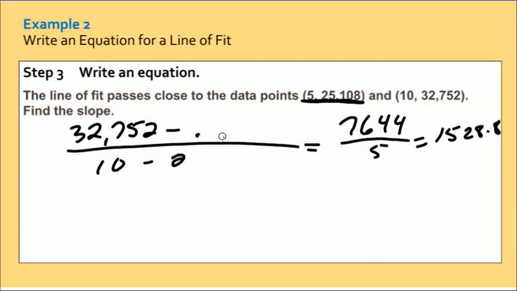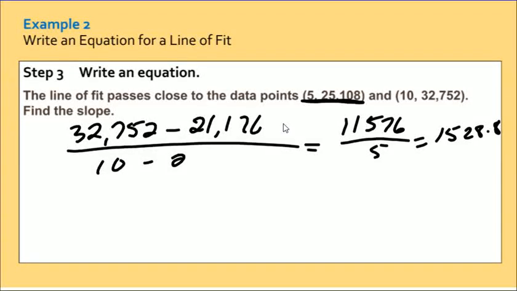So this would be a 2 here. And the other one would be 21,176. So then if I take that, this will give us 11,576.